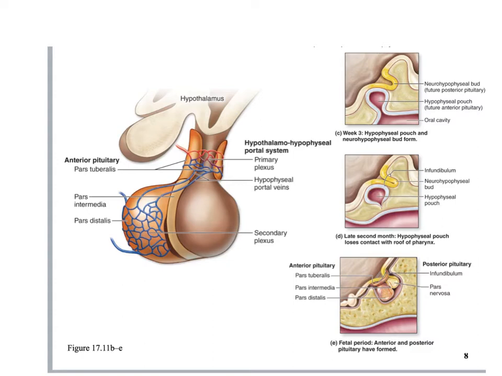So you have arterial blood that comes into the hypothalamus, and then it goes through the pituitary before it gets into the venous system. What does that allow the hypothalamus and the pituitary to do? Why is that relationship important?